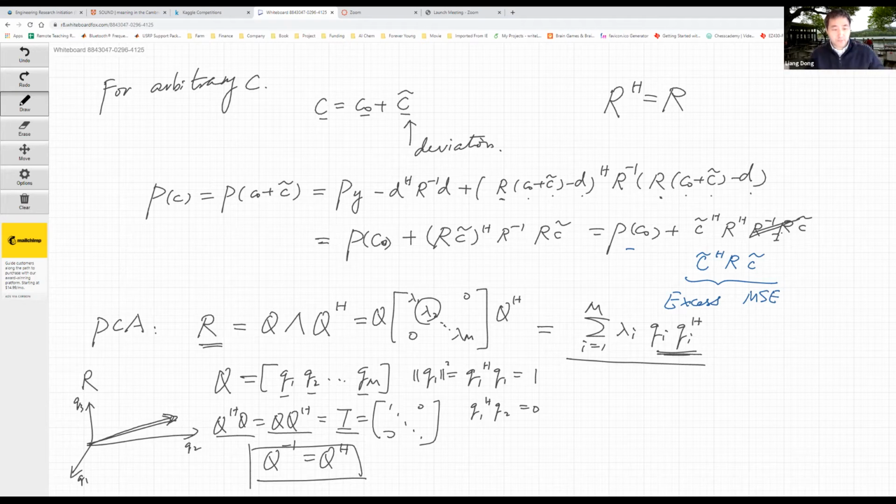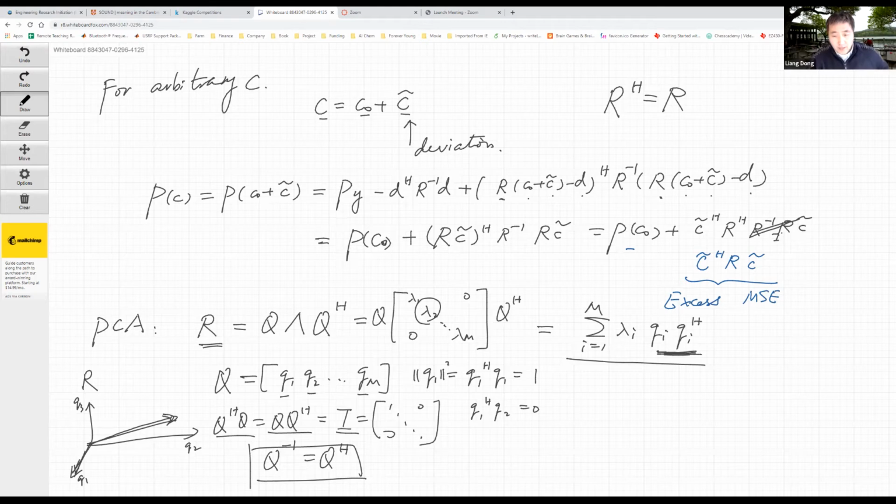This matrix is a span of Q1, Q2, Q3. So the vector is in this 3-dimensional space. But here, I'm only emphasizing one dimension, in this case Q1. So we have one subspace of this space of dimension 3.